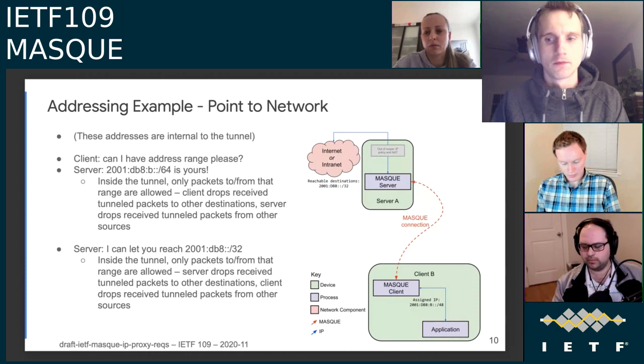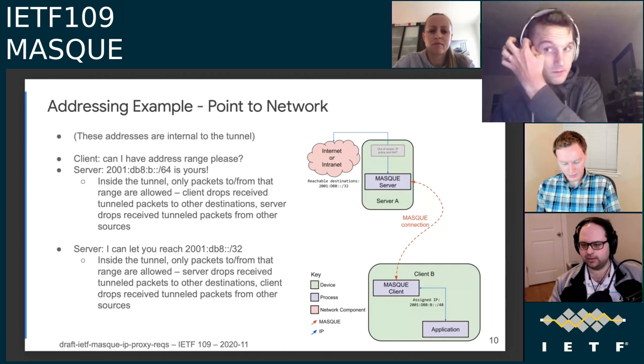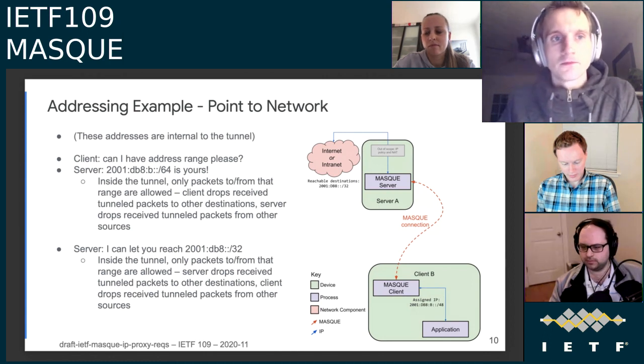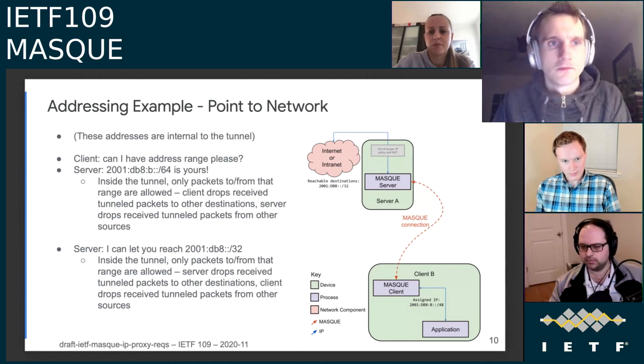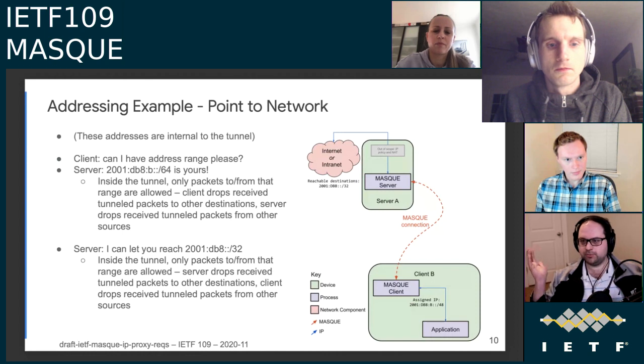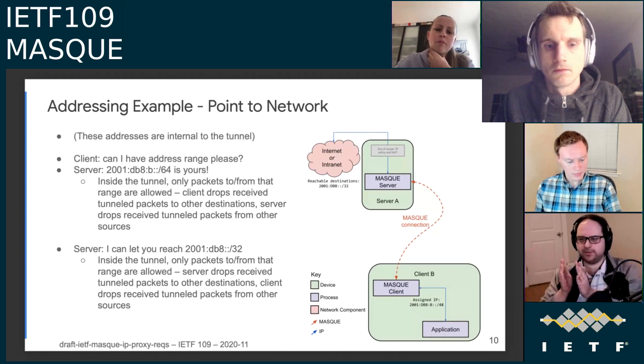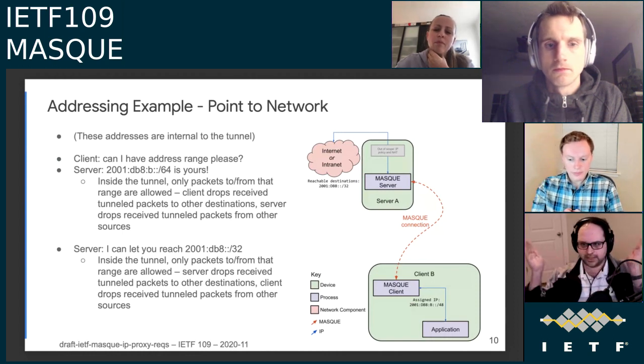Okay, but in my case, it would be reaching the open internet over the proxy, right? So the network is the open internet. Yeah, so you could do a 0/0 as your "I will let you reach anything" response. So it could be anything as broad as the entire internet, but it could be something as specific as only this range or these set of ranges.